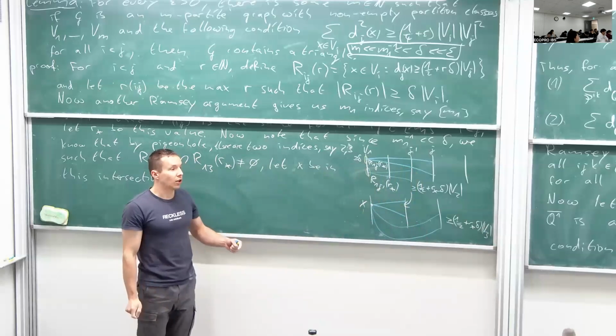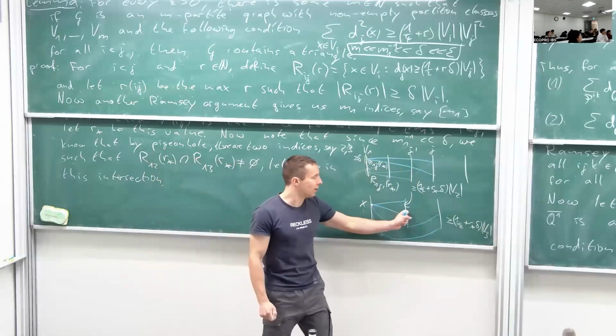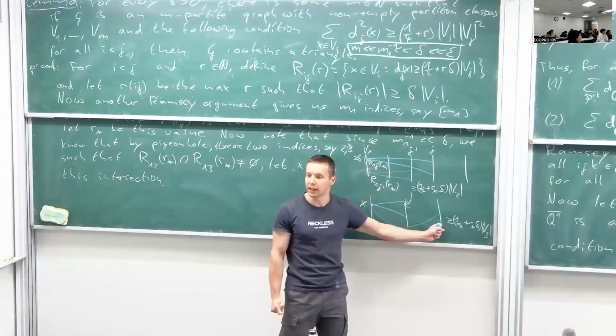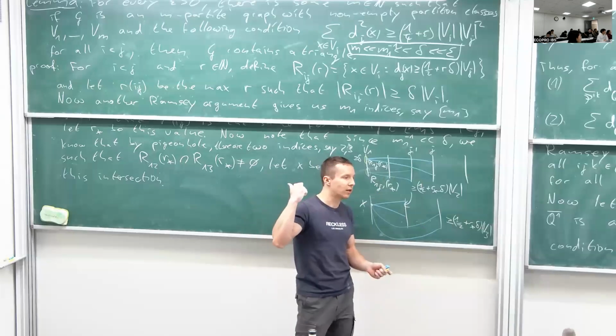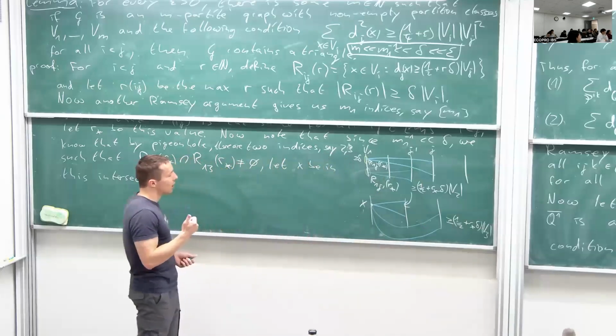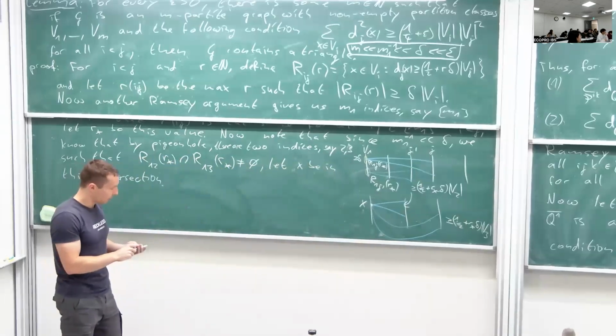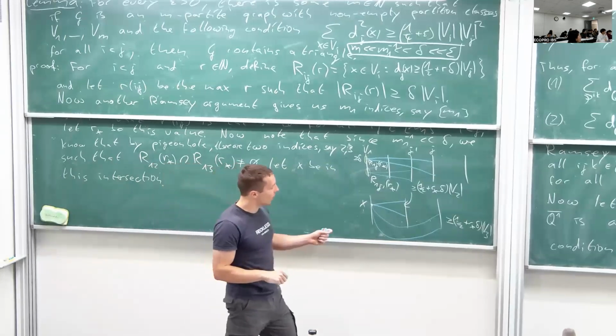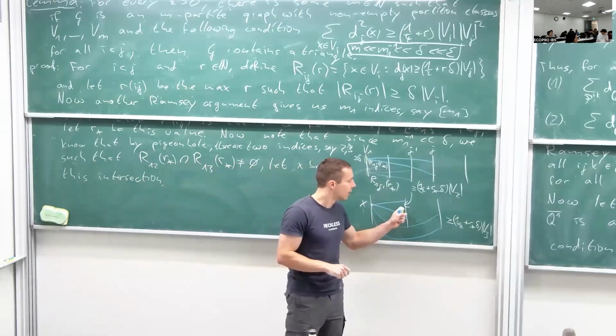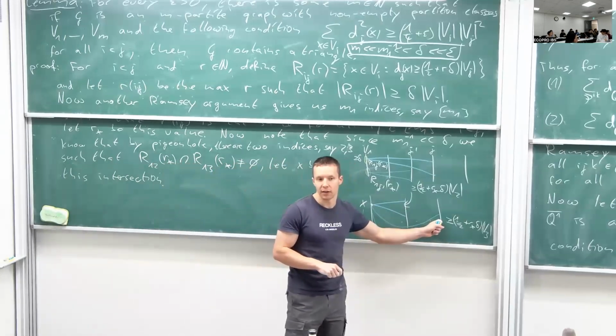And any edge that would go from this neighborhood into this neighborhood would give us a triangle, which is what we want, which would let us finish. So we know that if we don't have a triangle, then we cannot have any edges here.